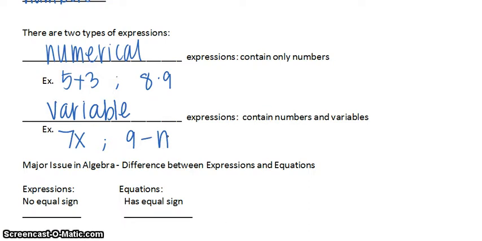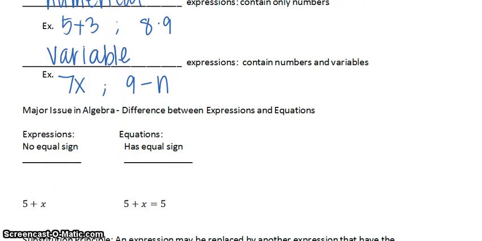Now our major issue in algebra is the difference between expressions and equations. They're two different things, but they look very, very similar. Expressions have no equal sign, and all you're supposed to do is simplify them, if possible.